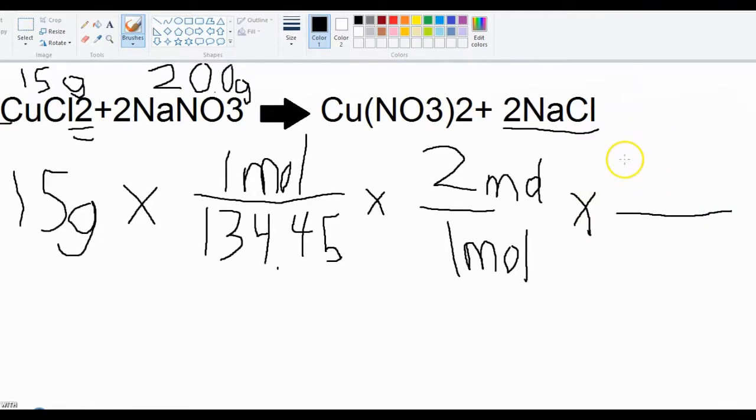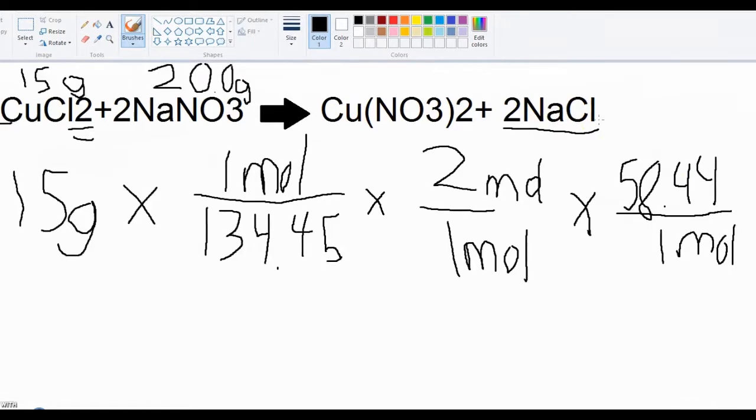We're going to times that by 1 mole over 58.44. That is our molar mass of sodium chloride. You do it again for this.